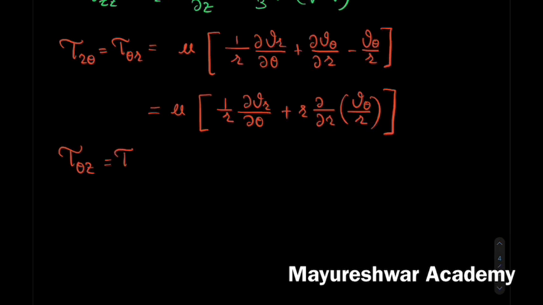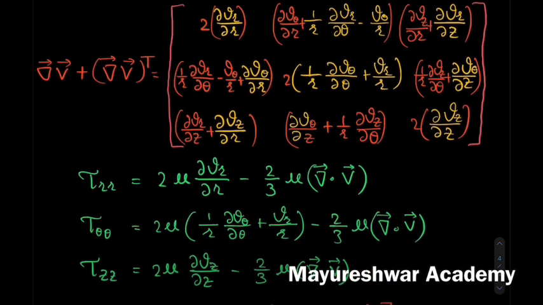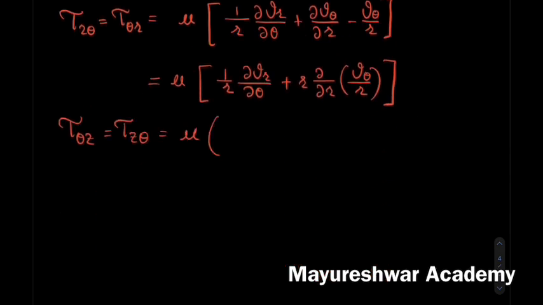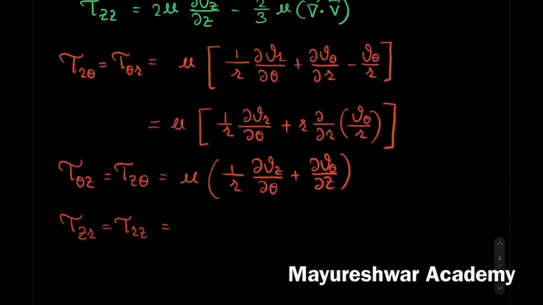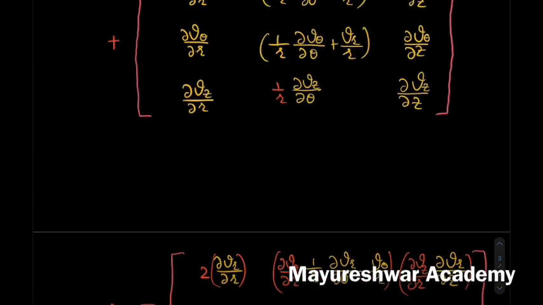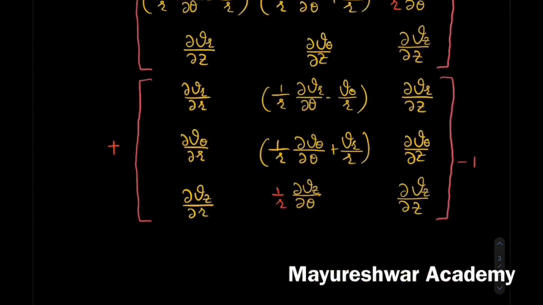Similarly, tau theta z is equal to tau z theta, and this term will be over here: mu times 1 over r d theta of vz plus d dz of v theta, and tau zr is equal to tau rz is equal to mu times dvr dz plus dvz dr. So that completes all the terms of shearing stress, and this is basically the constitution of the fluid.